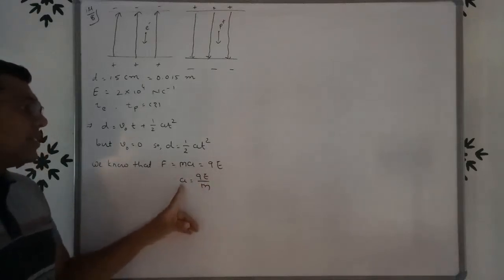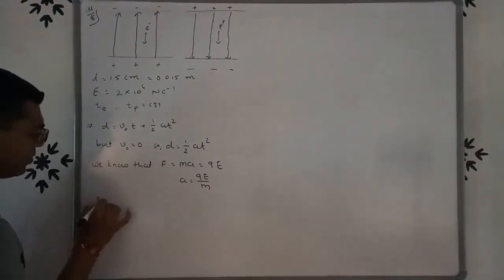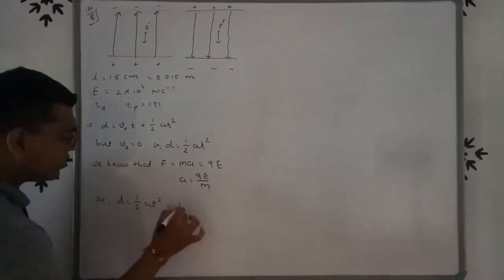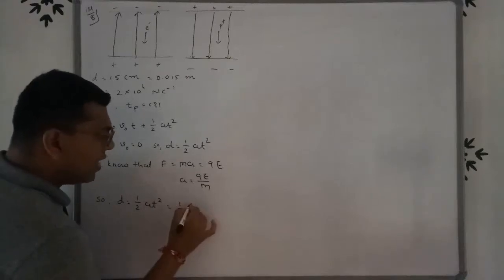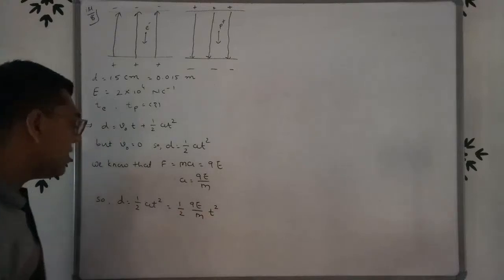So acceleration is equals to QE by M. So d is equals to 1/2 at square is equals to 1/2, value of A is QE by M, into T square.